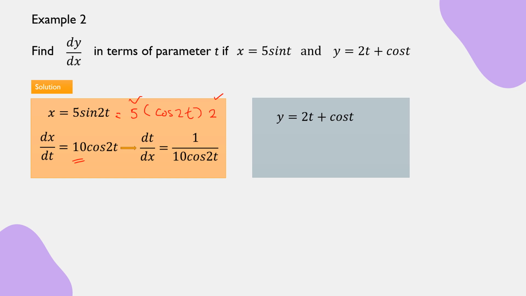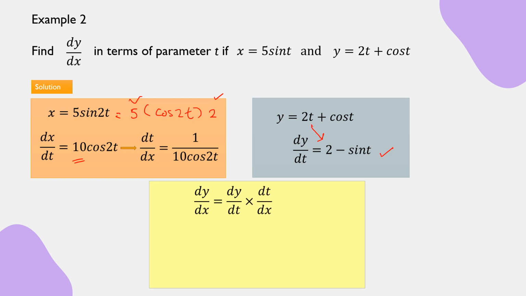y equal to 2t plus cos t. Differentiate y with respect to t. So dy/dt equal to 2, and then differentiate cos, we get negative sin t.